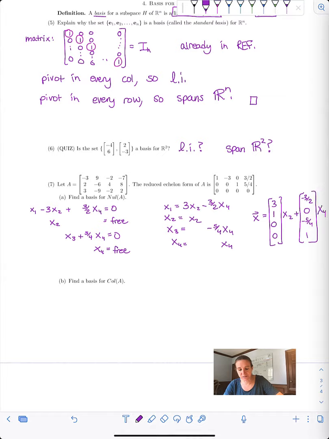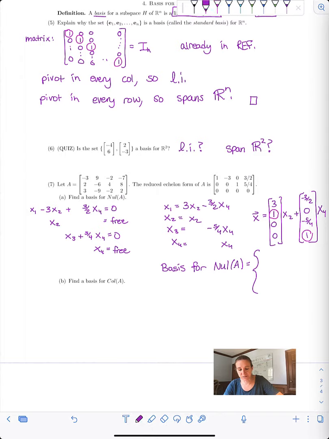In fact, to find a basis, we know these are going to span our solution set because we've just written our solution set as a span of these vectors. And they're linearly independent. It's not too hard to check, because the free variables show up as ones that can't be eliminated by row operations.